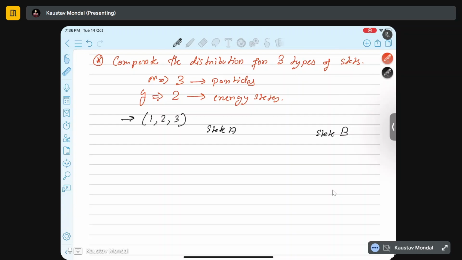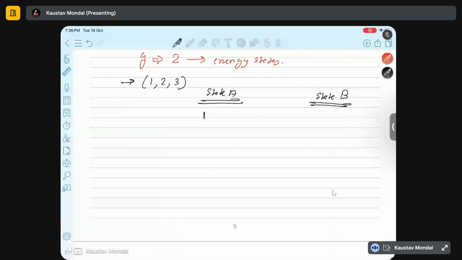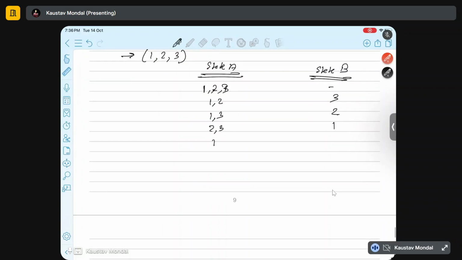So for classical particles, let me write all the possible configurations. First case is all the particles are in state A, no particles in state B. 1, 2 particles in state A, third particle in B. 1, 3 is in A, 2 is in B. 2, 3 is in A, 1 is in B. Now the opposite: 1 is in A, 2, 3 is in B. 2 is in A, 1, 3 is in B. 3 is in A, 1, 2 is in B. Nothing in A, 1, 2, 3 are all in B.